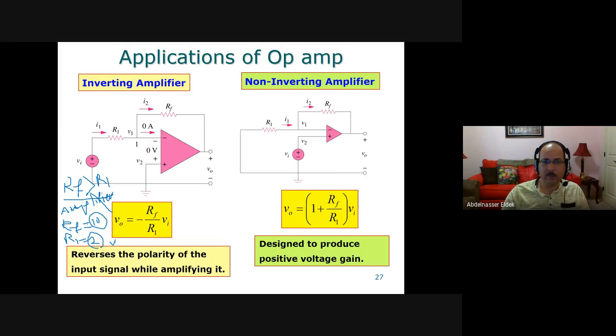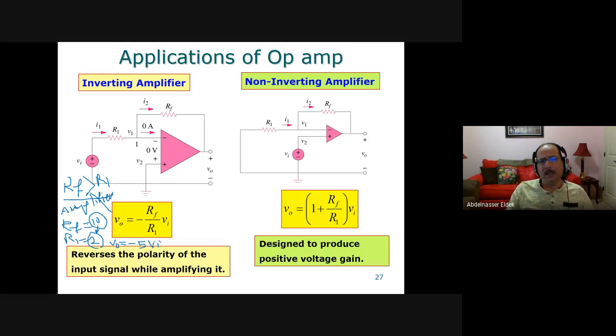VO equals negative 10 divided by 2, and 10 divided by 2 is 5. So VO is negative 5 times the input, VI. It's very clear that the output is 5 times the input. That's why we call it an amplifier. And it is negative 5. That's why we call it an inverting amplifier. So if the input, for example, is a sine wave, then the output will be the opposite of this, with a negative sign.